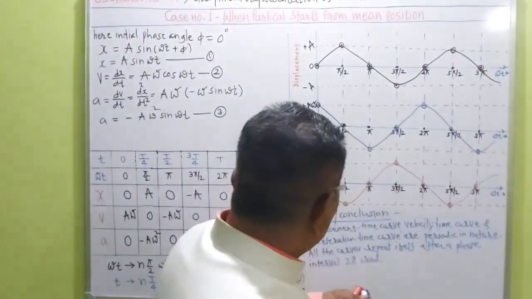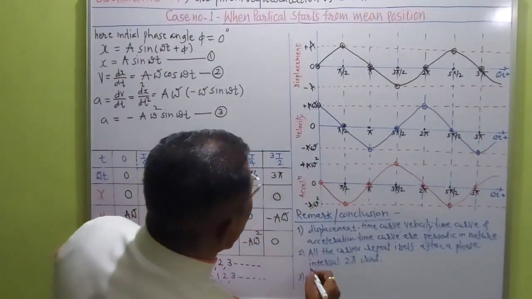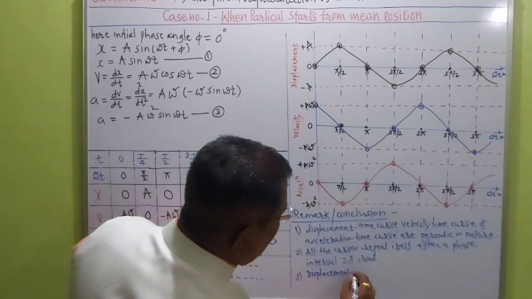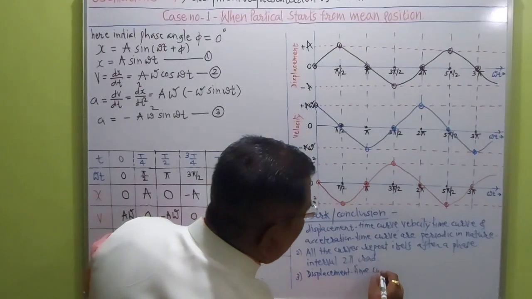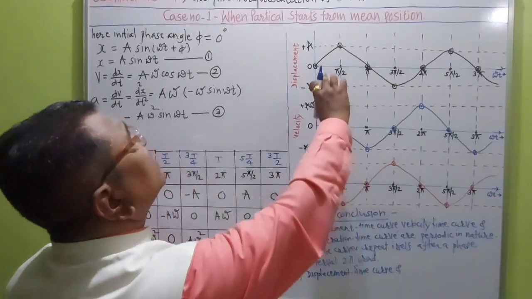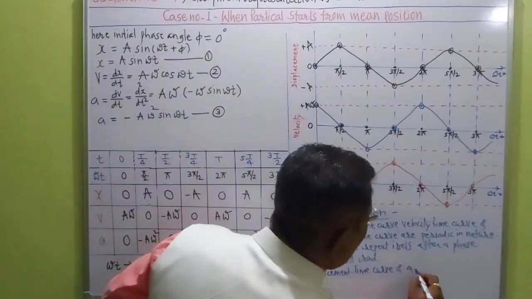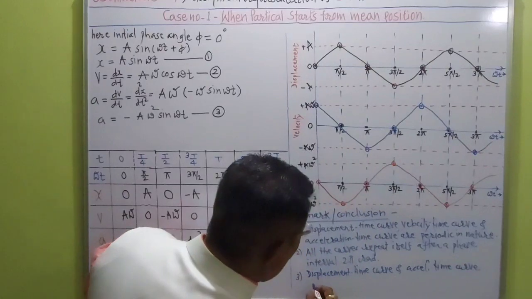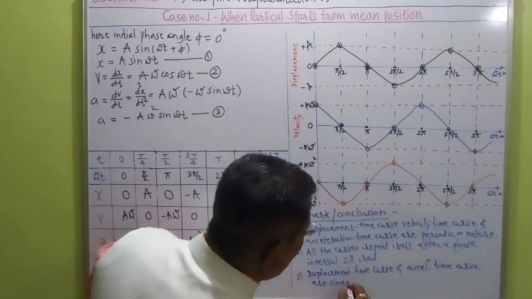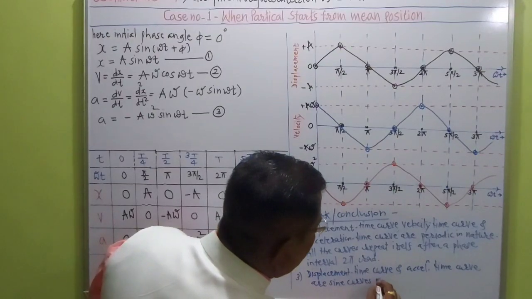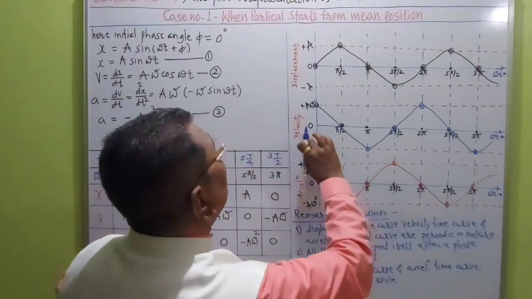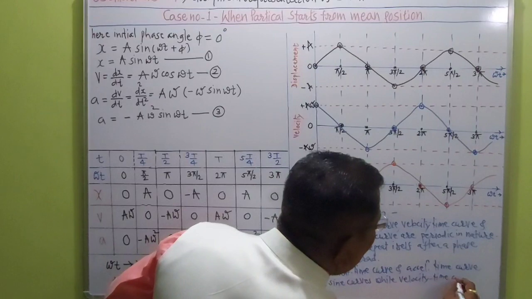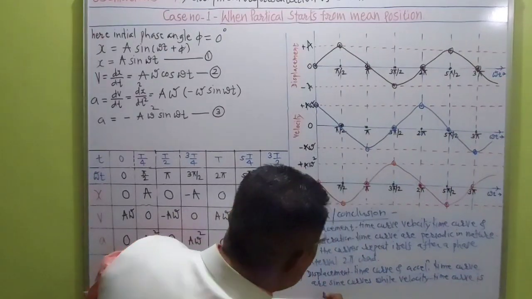So we can write here: displacement time curve and acceleration time curve are sine curves, while velocity time curve is cosine curve.